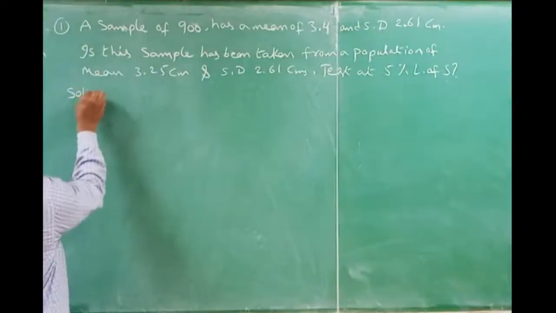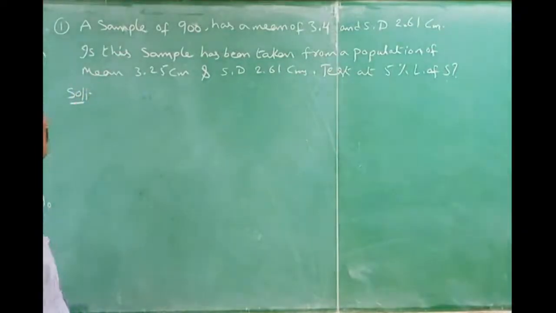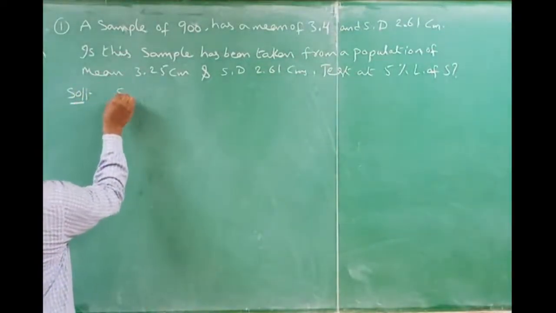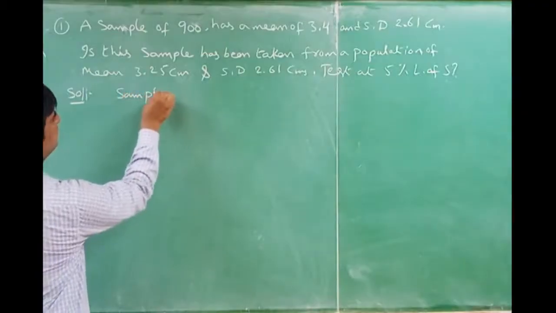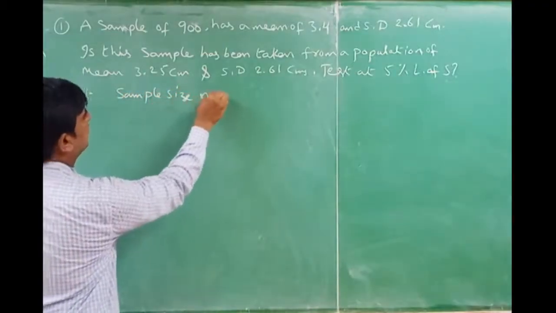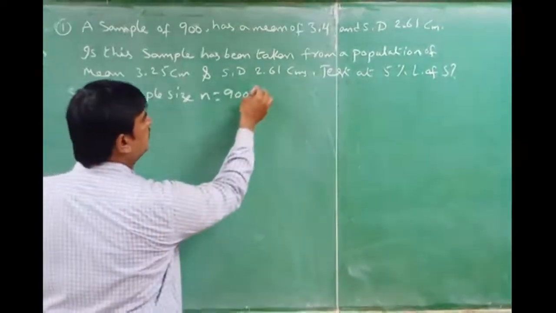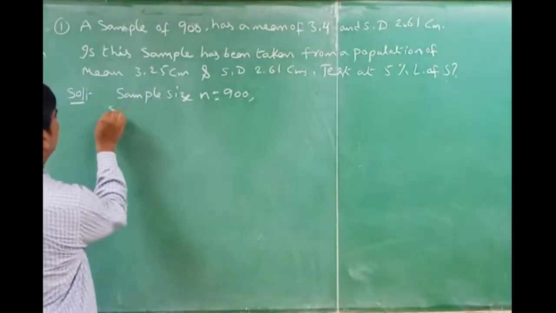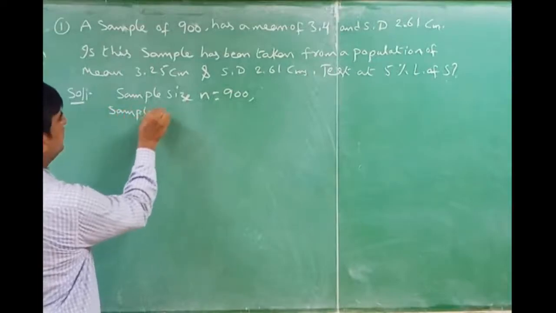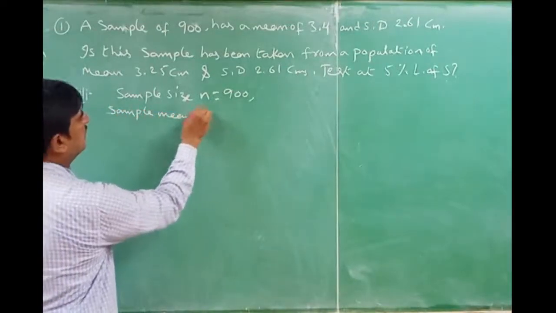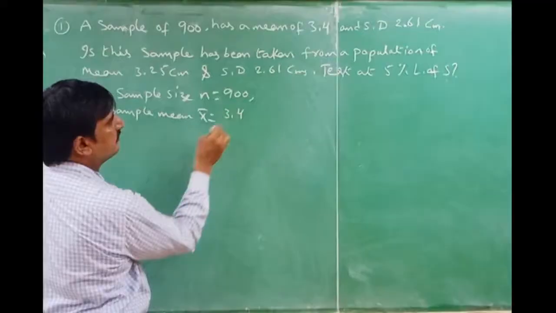Solution. First, you need to write the given data. Sample size n is equal to 900. Sample mean is denoted by x bar, and x bar is 3.4 centimeter.